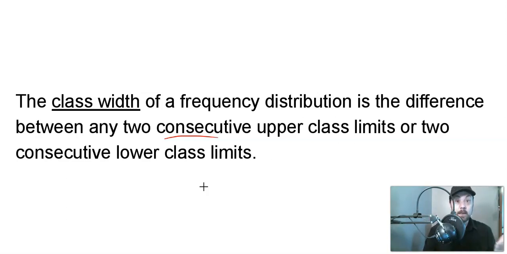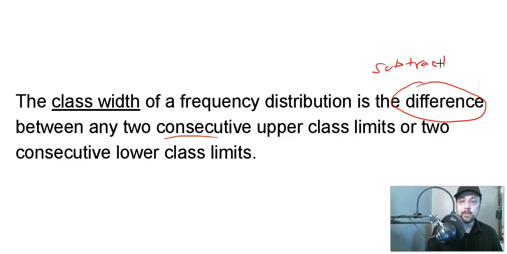You take the difference, which means you subtract. So we want to subtract two consecutive upper class limits or two consecutive lower class limits, whichever calculation is going to be easier to do. And that's going to be your class width.